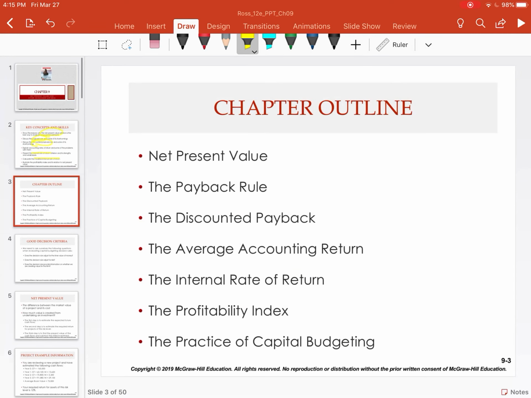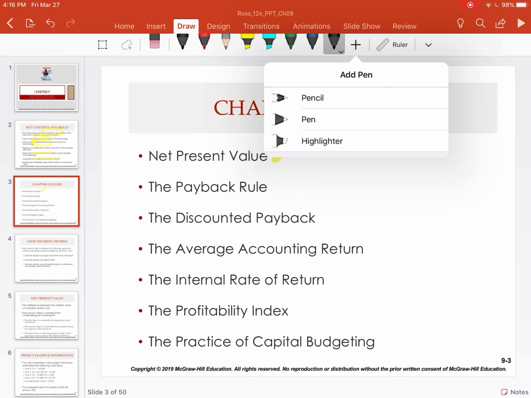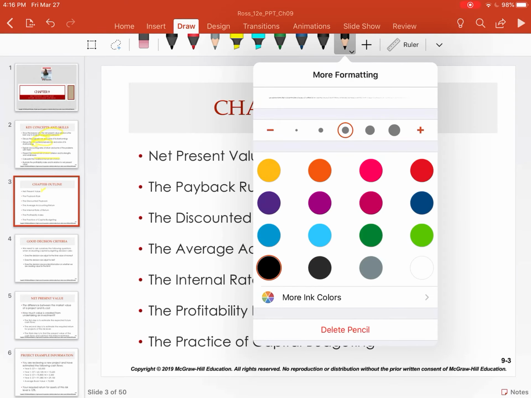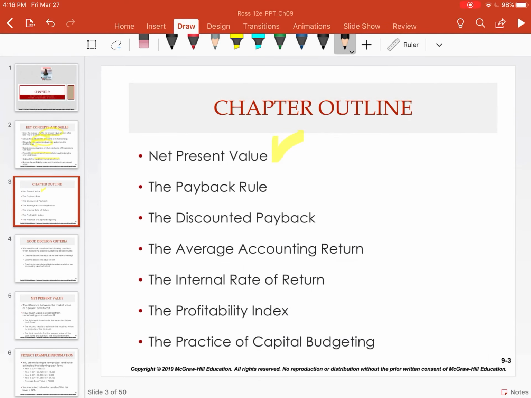So moving into the actual outline, we're going to be looking at these sorts of things. I'm going to flip over to another pen, this blue highlighter.